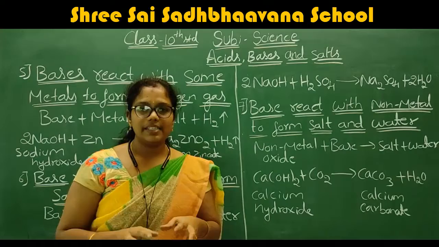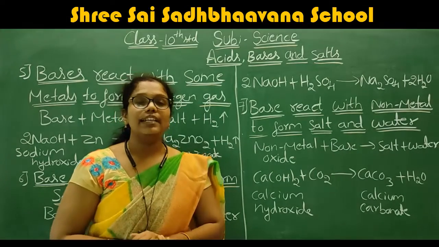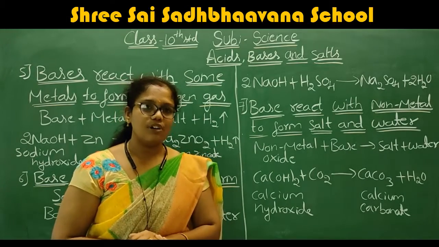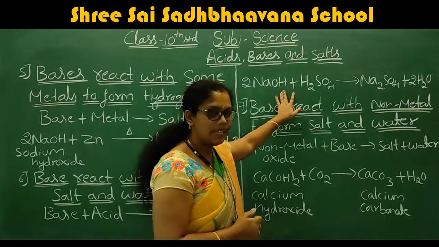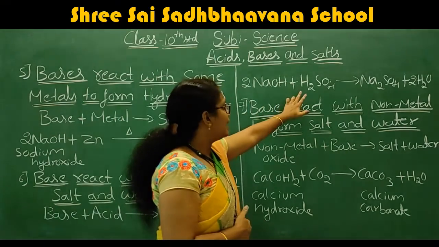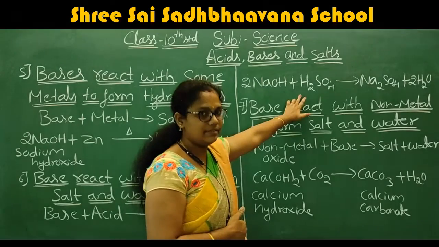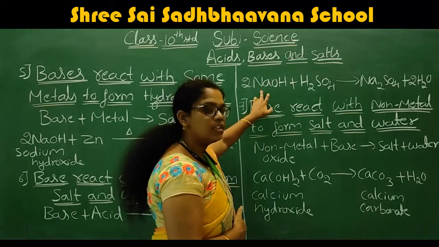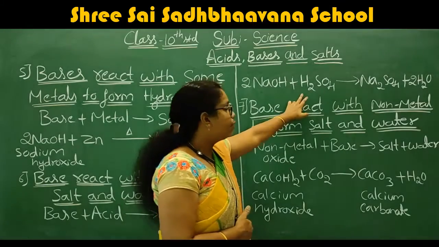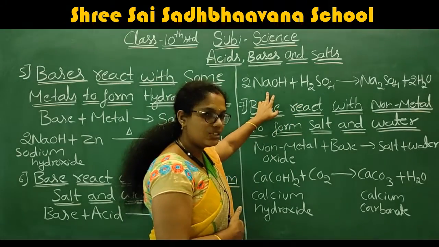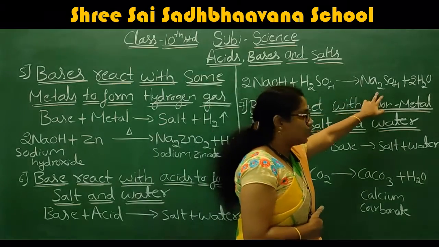When any base reacts with an acid, it forms salt and water. For example, I am taking the base sodium hydroxide and the acid sulfuric acid. If these two react with each other, it forms Na2SO4.